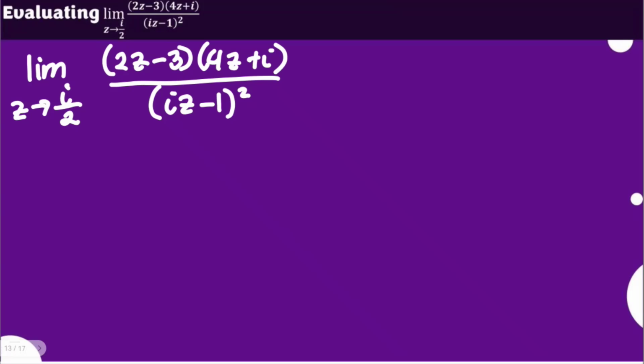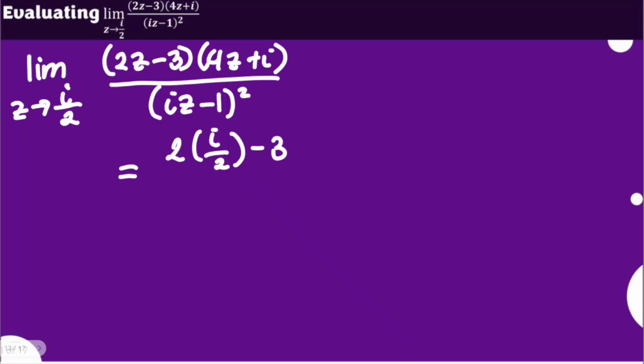This might need a lot of steps, so don't worry. Let's do it one by one. For our numerator, you have here 2 times your z, which is i over 2, minus 3. Second, let me use brackets to differentiate the groupings.